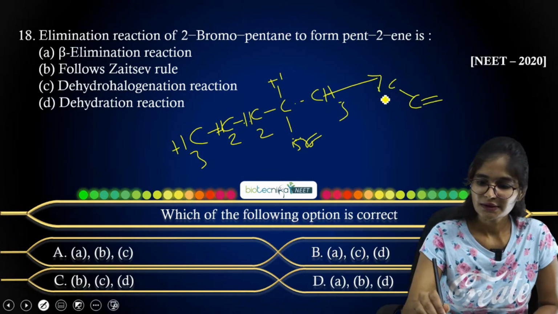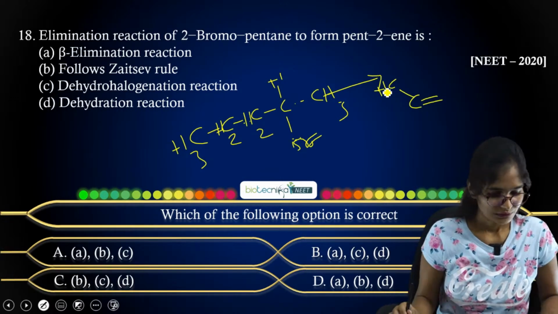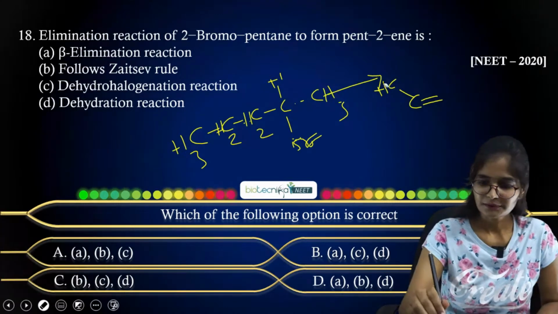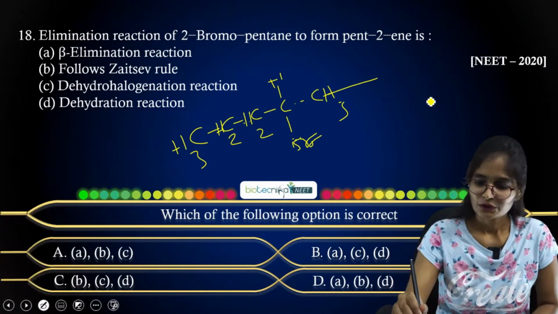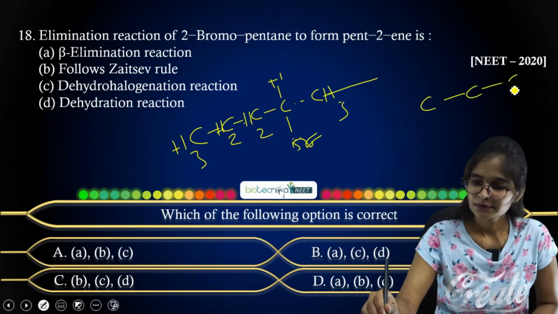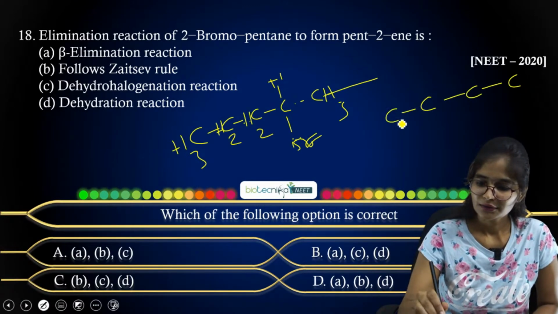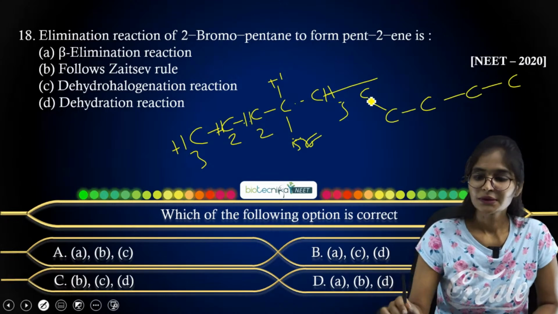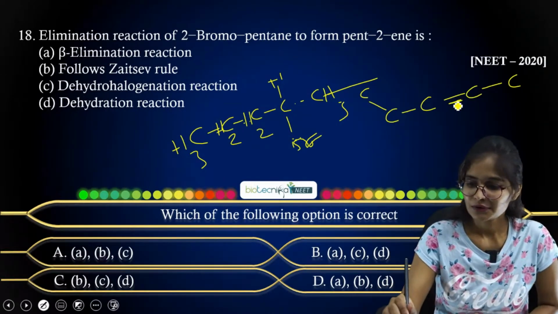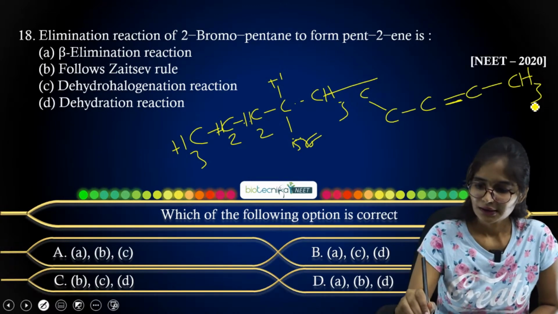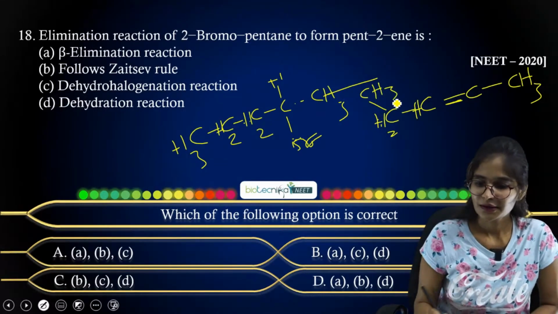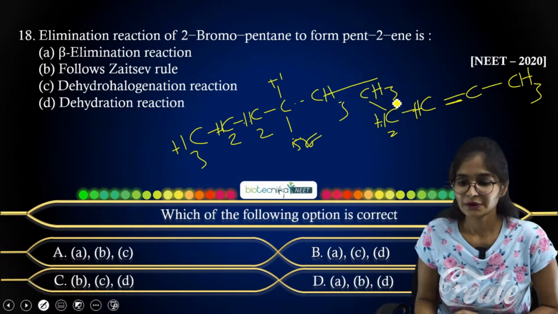Between carbons 2 and 3 there will be one double bond, so this will be C double bond C and CH3, and here CH2, CH3. So this is the conversion.